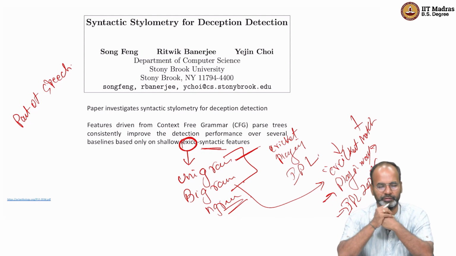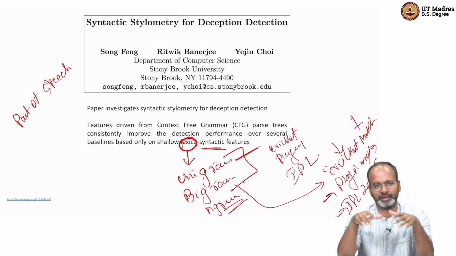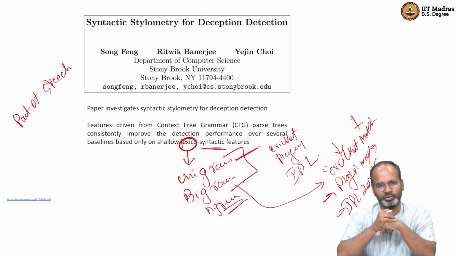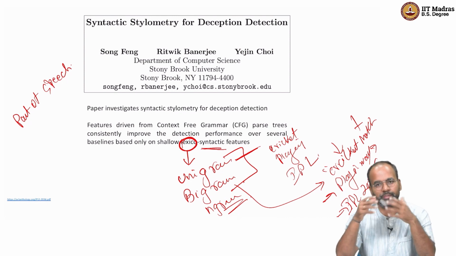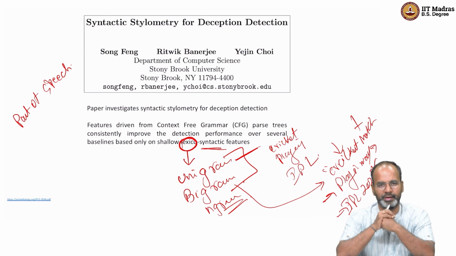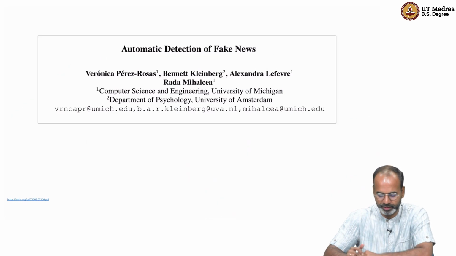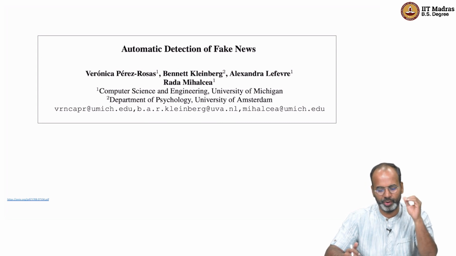So if you represent the content in some other space, in this case parse trees, then the methods perform better in identifying false content. Again, keep the goal as understanding how text is being used.